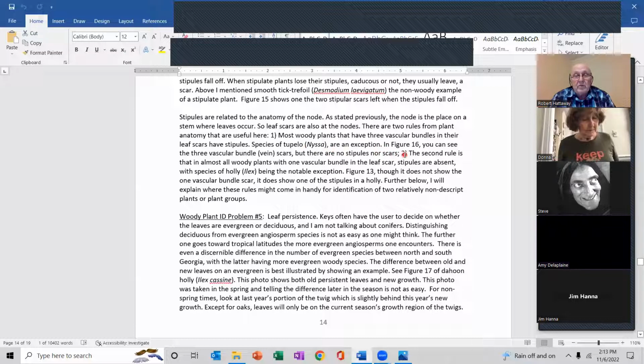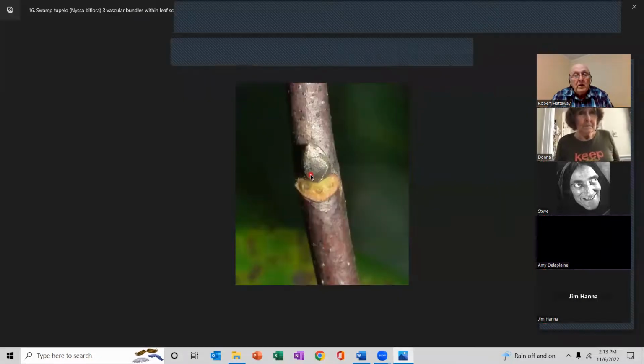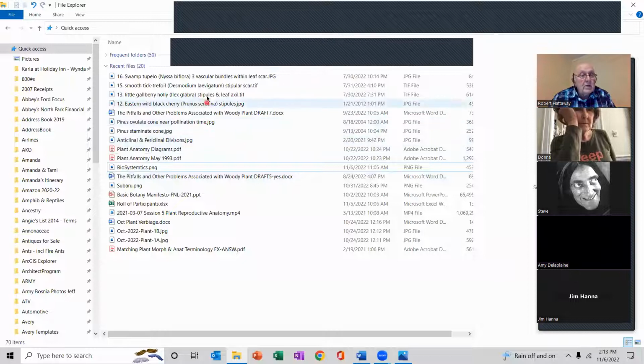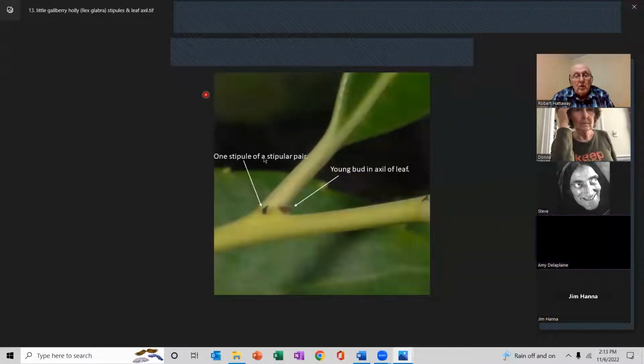Now, the second rule is that in almost all woody plants that have 1 bundle in the leaf scar, stipules are absent. Species of holly are the exception. If we tore that leaf off, we would see only 1 bundle vein in there.